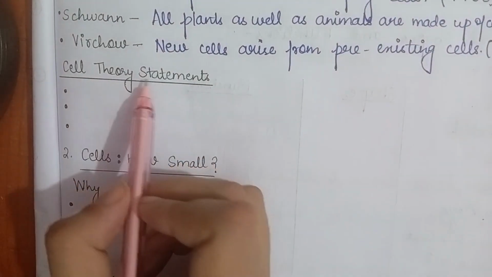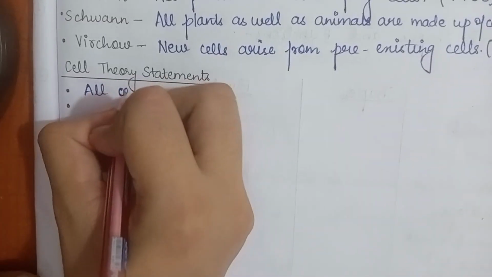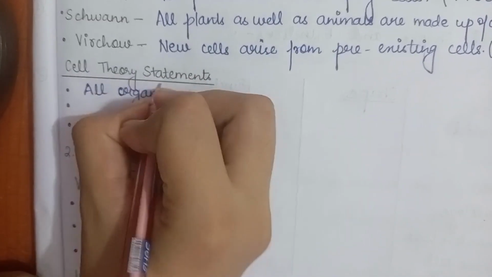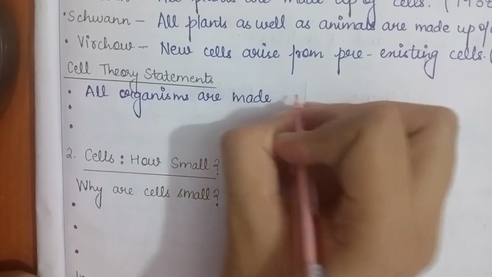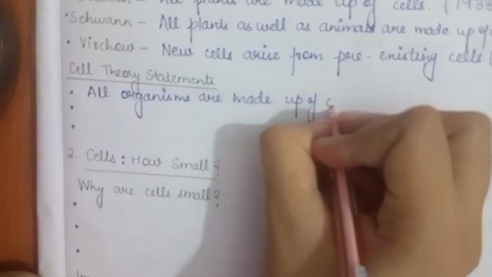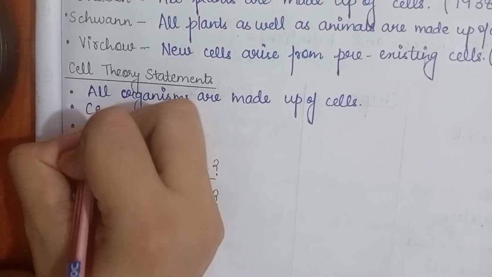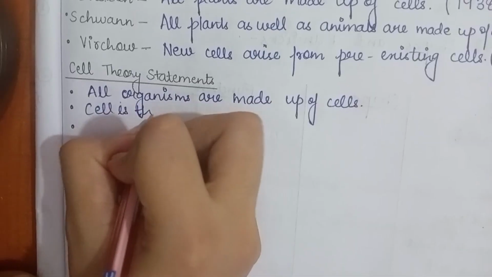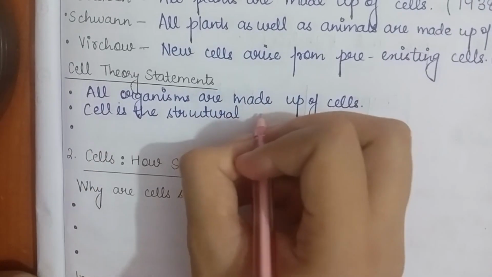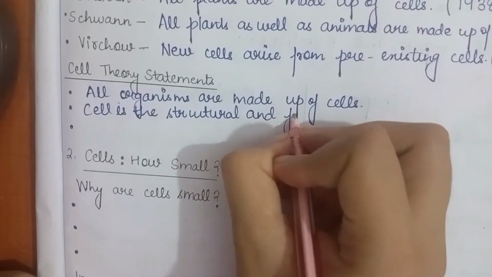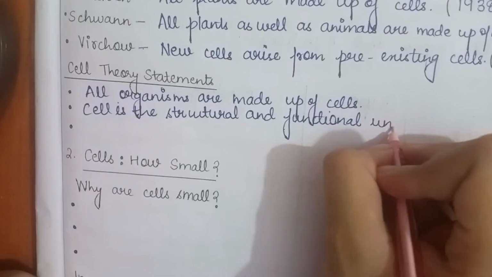Let's compile the cell theory statements. So, first statement is all organisms are made up of cells. Okay, then the next statement is cell is the structural and functional unit of life.